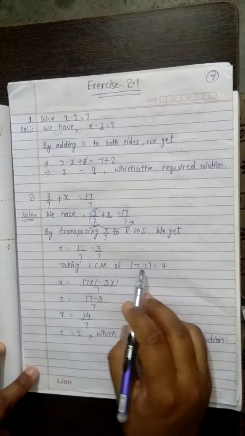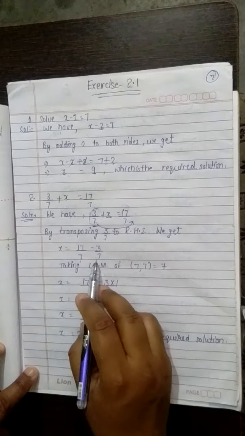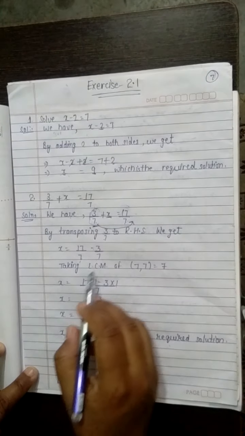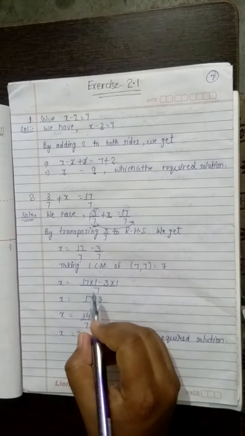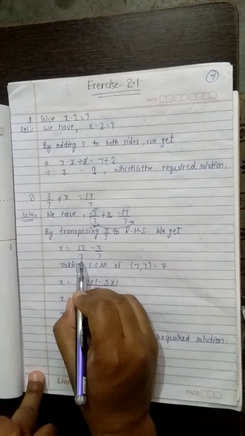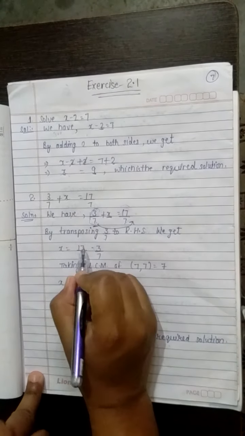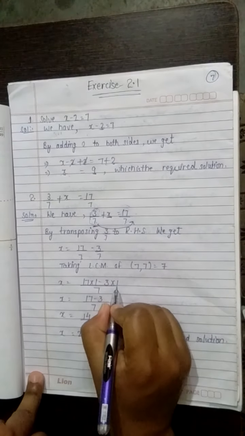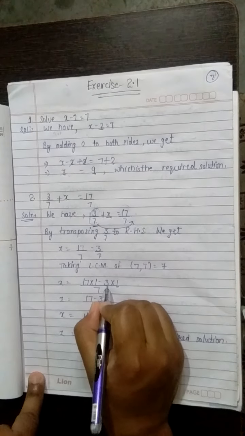Now we will take the LCM of both the denominators, that are 7, 7. The LCM is 7. Now we will solve this. 7 divided by 7 is equal to 1, and 1 into 17. 7 divided by 7 is equal to 1, 1 multiplied by 3.